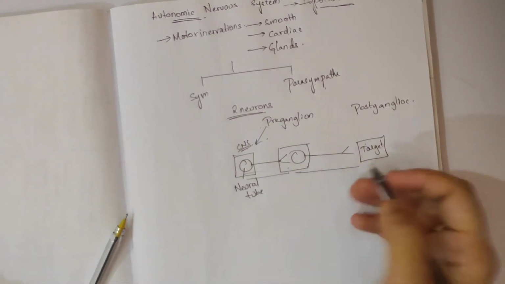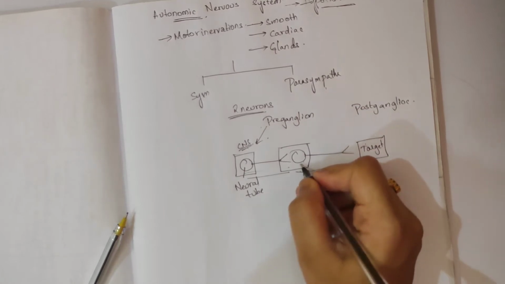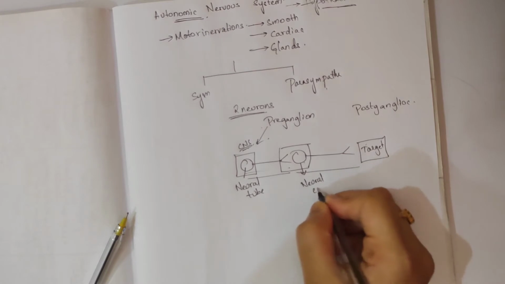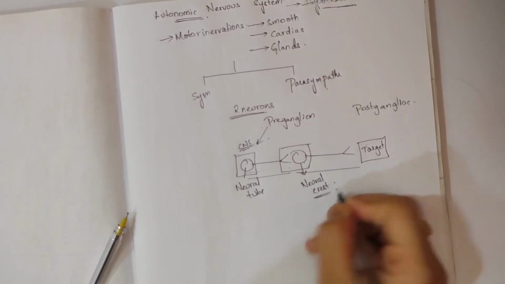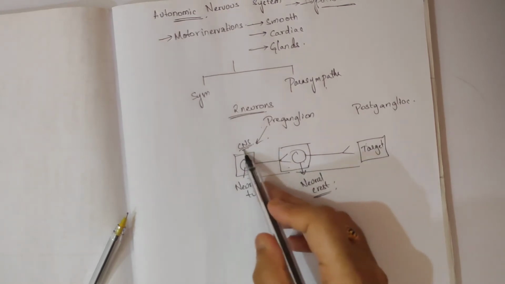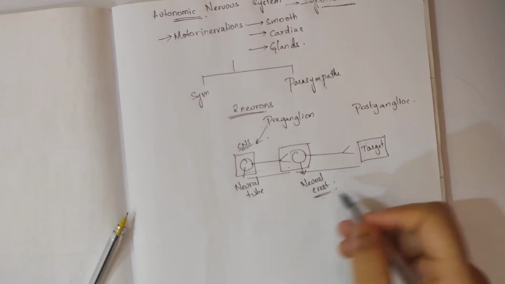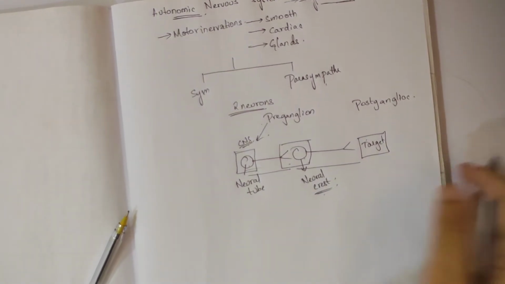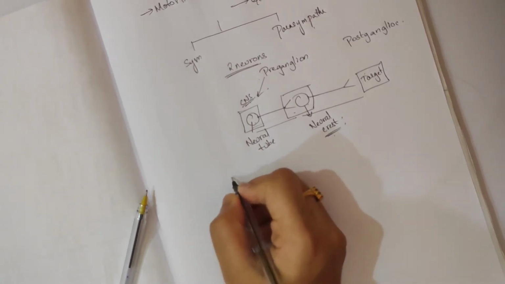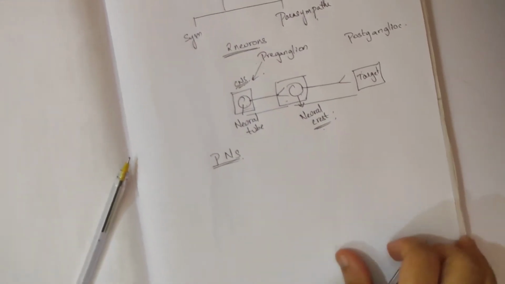The postganglionic cell body is derived from the neural crest. So the preganglionic cell body is in the CNS and the postganglionic cell body is in the PNS. Just remember this.